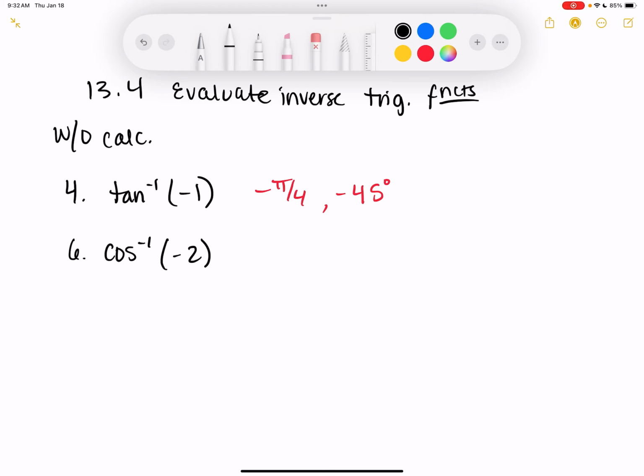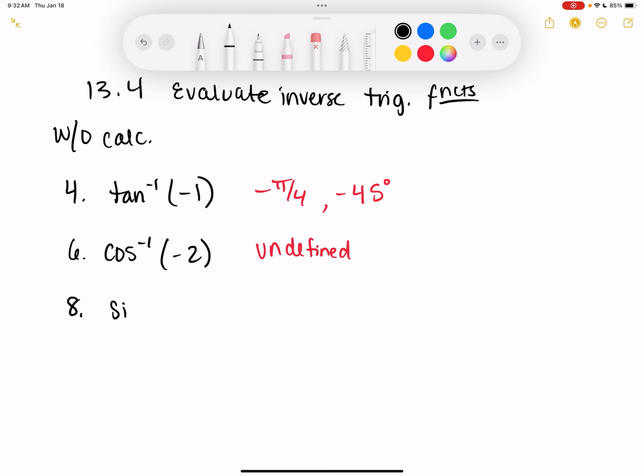So this is undefined. Had to do a trick one there. Outside the realm of our ability.